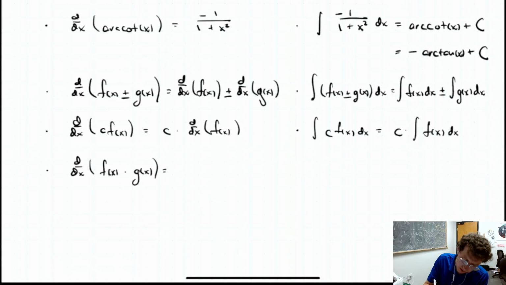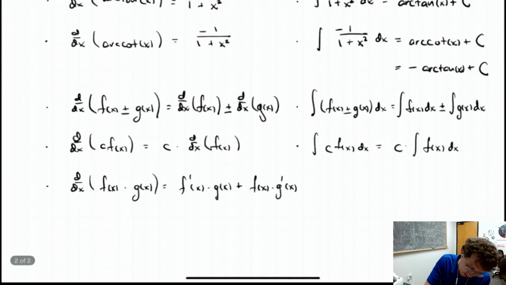When we differentiate a product, we don't just get the product of the derivatives. The product rule says we get f prime of x times g of x plus f of x times g prime of x.